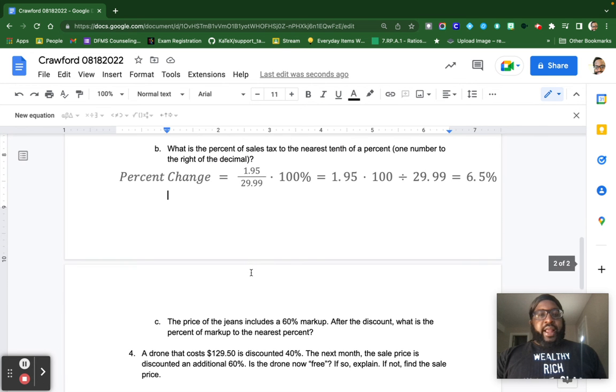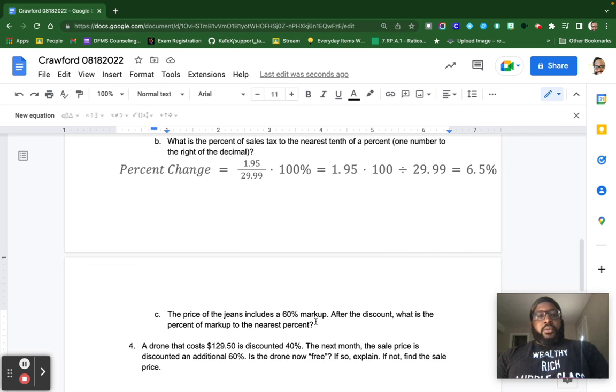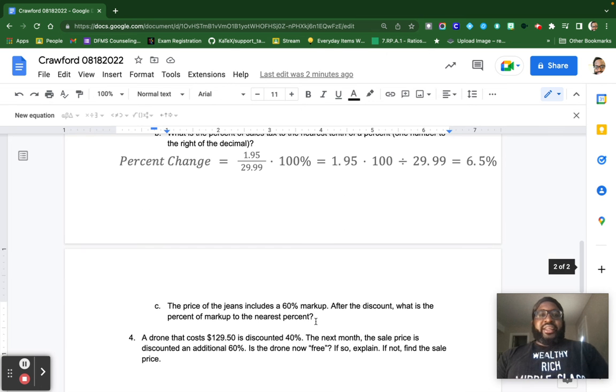Okay. Now, this one, part C. This is one of those examples where they would write a problem one way, but mean something completely different. So you have two things going on. They say the price of the jeans includes the 60% markup.